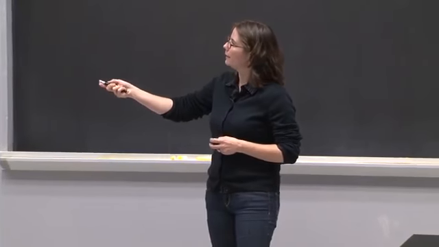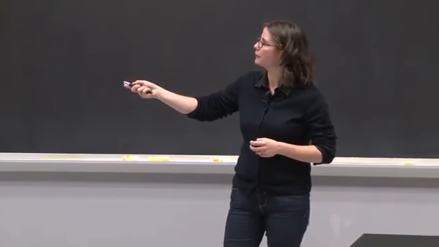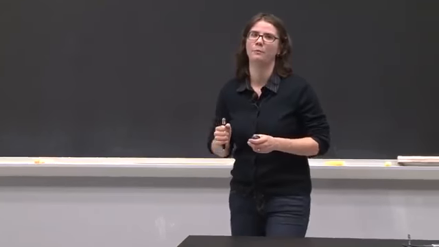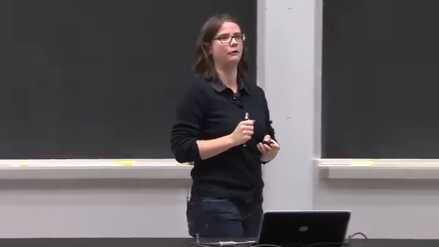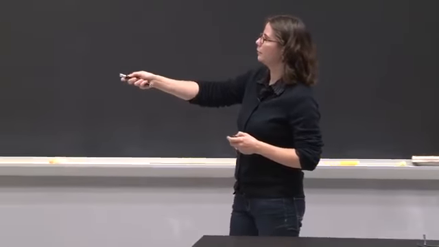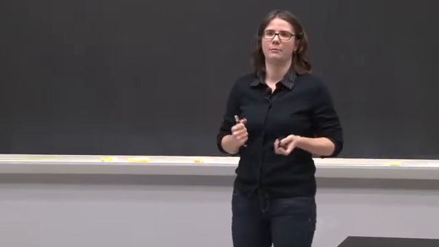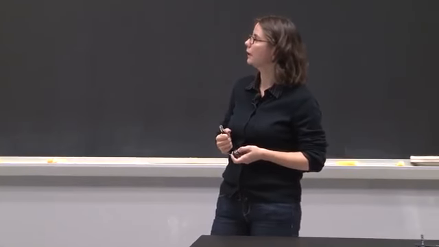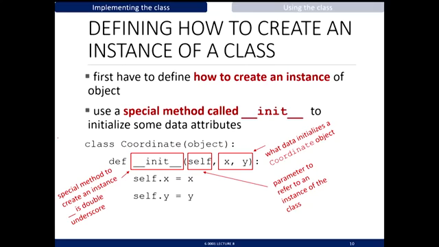So for methods that belong to the class, the first parameter is always going to be self. It could be named anything you want, but by convention, it's always named self. So try to stick to that. And then any other parameters beyond it are going to be just parameters as you would put in a normal function. Okay? In this particular case, we're going to choose to initialize a coordinate object by two values, one for the x and one for the y.